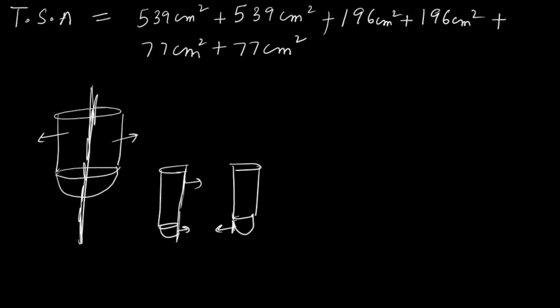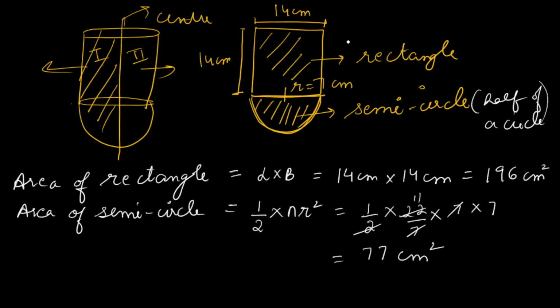I hope this is clear which surfaces I have added. Is it clear? So here this curved part's area is 539, and then one rectangle here and one rectangle here got added. So two rectangles, and at this part semicircles got added. I have shown you it will look like this from where it is split.